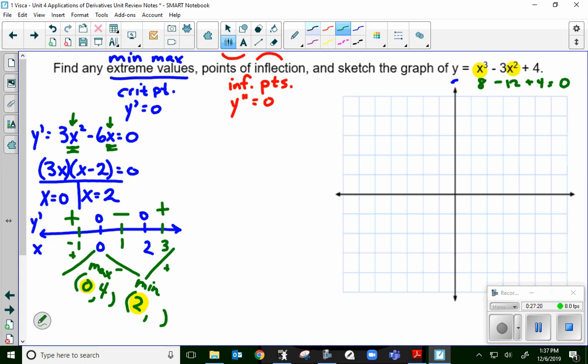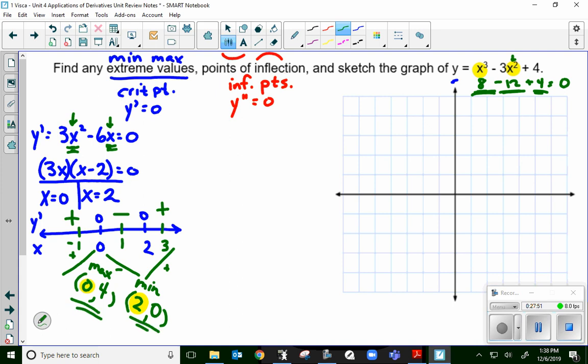Let me double check my work. 2 cubed is 8, 2 squared is 4 times 3, it's minus 12, plus 4. 8 and 4 is 12, minus 12 is 0. There we go. So far, so good. I can start plotting these afterward. Right now, I know I have a max at (0, 4) and a min at (2, 0).